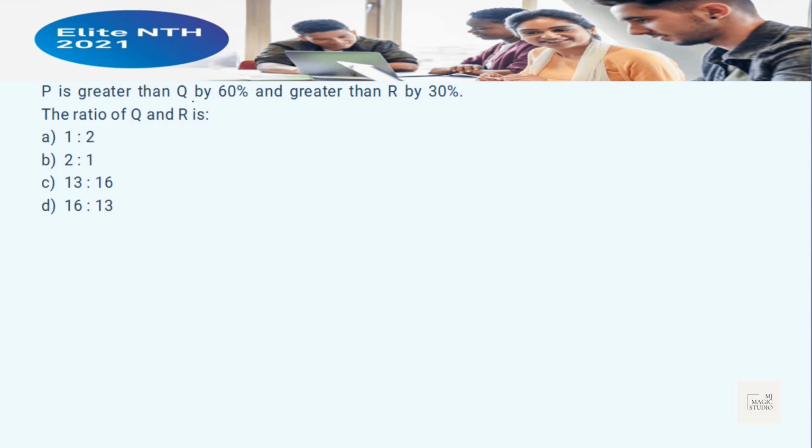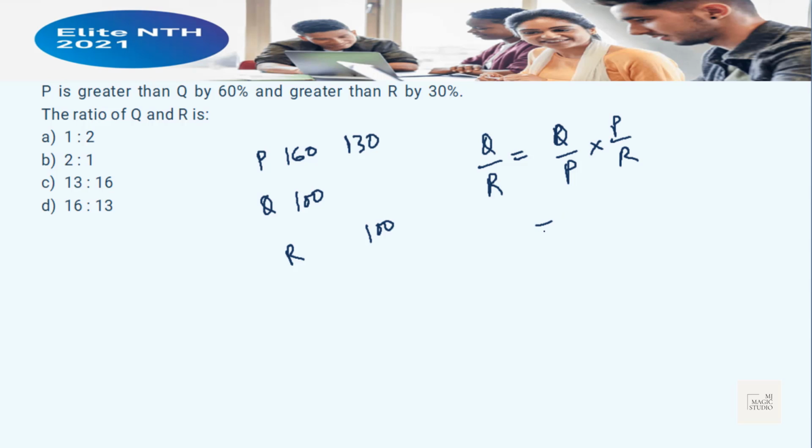P is greater than Q by 60%. If Q is 100, then P is 160. And P is greater than R by 30%. So if R is 100, P is 130. What is the ratio of Q by R? Can I say Q by R is like Q by P into P by R?